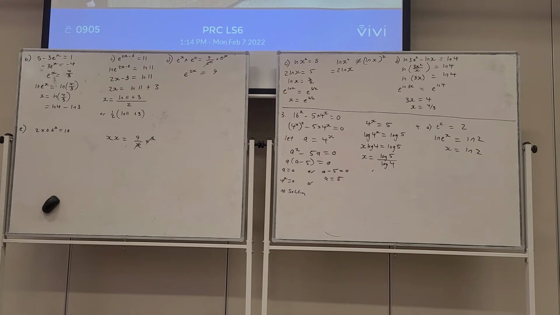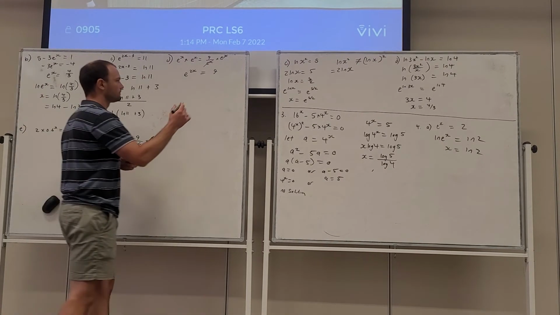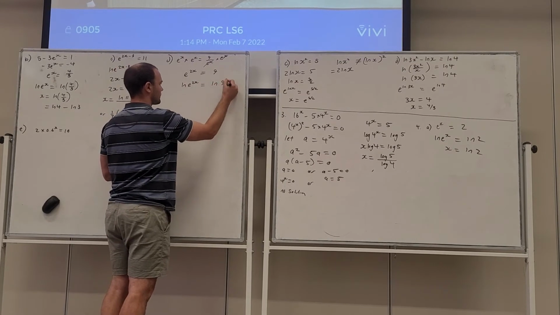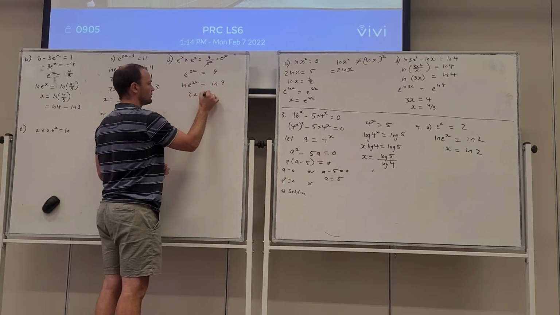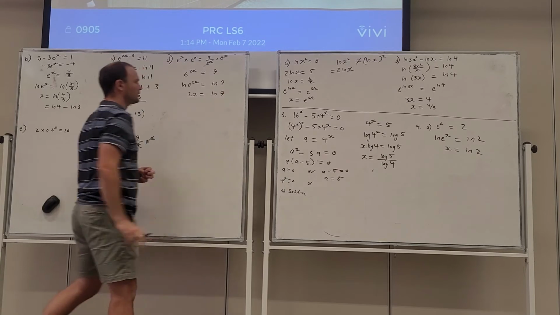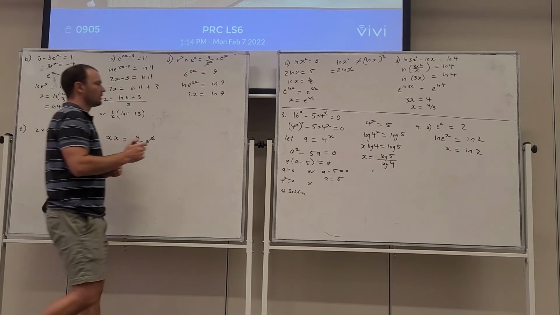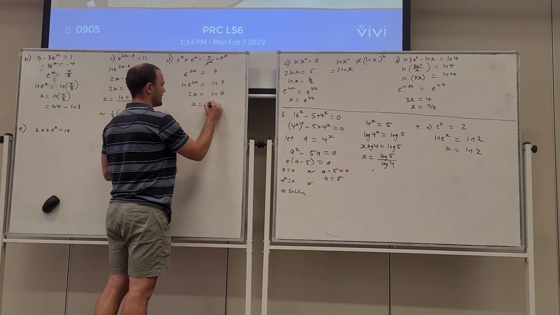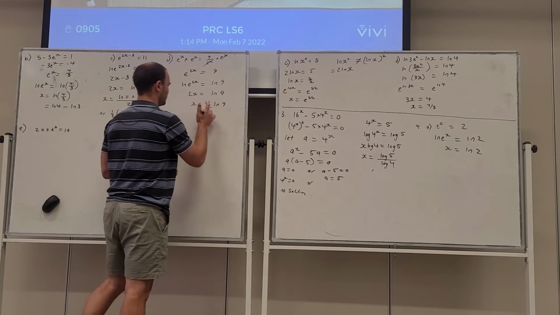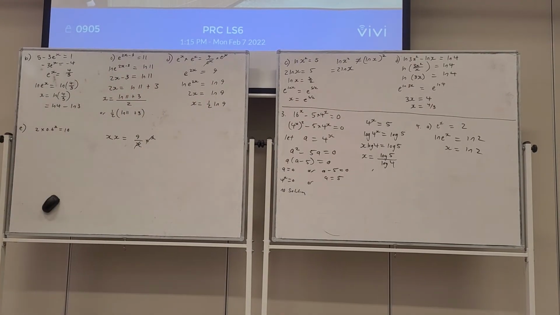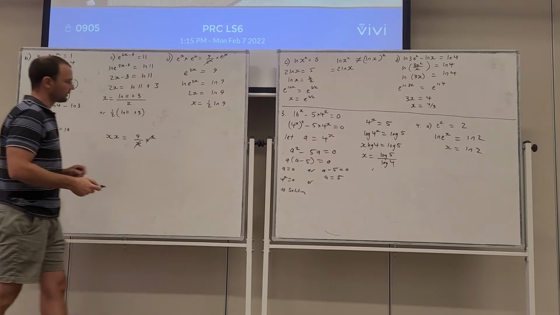All right, now we're ready to ln both sides. 2x equals ln of 9. x equals half ln of 9. Now, I'm going to accept that as a final answer, okay?